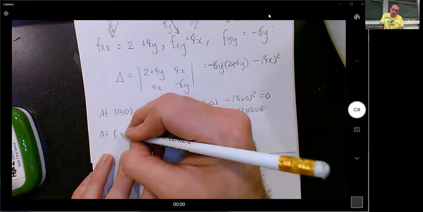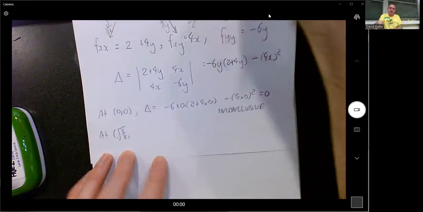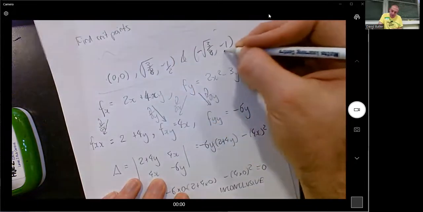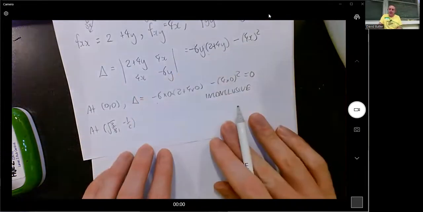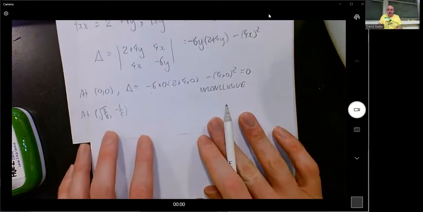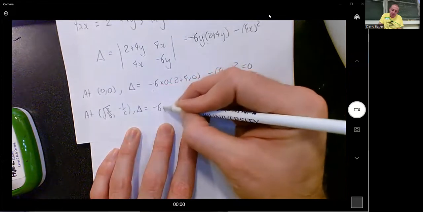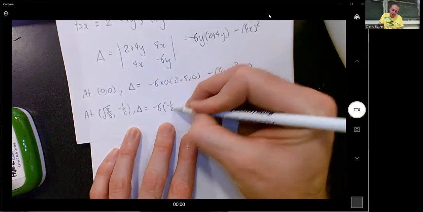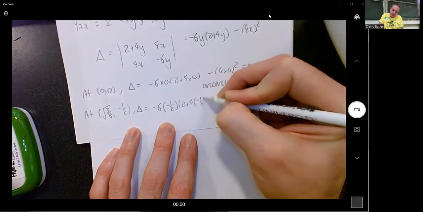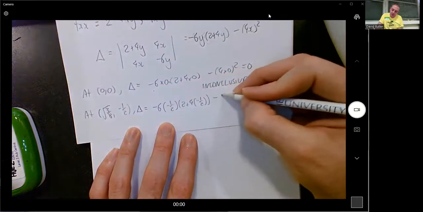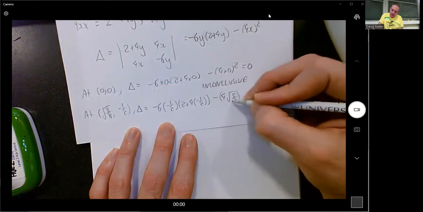And at the point root 3/8, negative half, sorry. Negative a half. Oh man. So minus 6 times minus a half, 2 plus 4 times minus a half, minus 4 times root 3/8 squared.